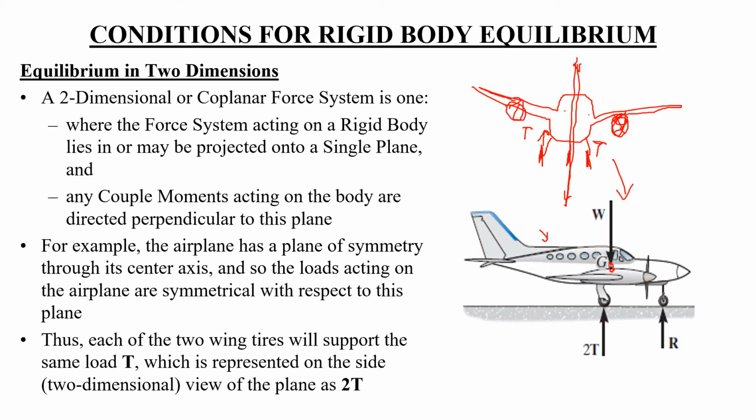Now only the weight is acting downwards, and this tire is acting upward with the force of 2T, because both of these are combined, applying the resultant force upwards. And the front wheel is the same, because this can be assumed as a point, so this is applying a force of R. This is written here as well.